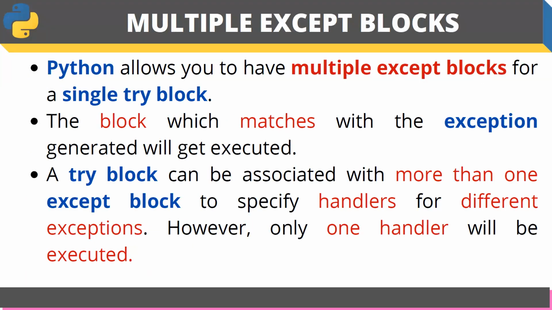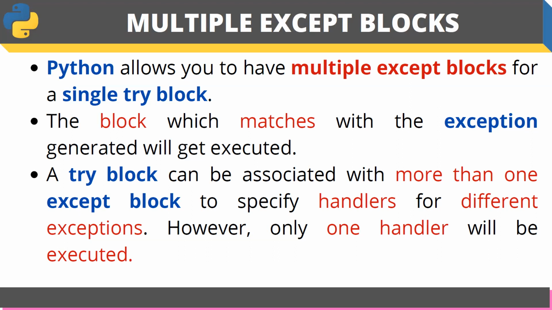Now, multiple except blocks. For every try block we have to write an except block, and we can also write multiple except blocks for a single try block. Python allows us to have multiple except blocks for a single try block. The block which matches the exception generated will be executed.